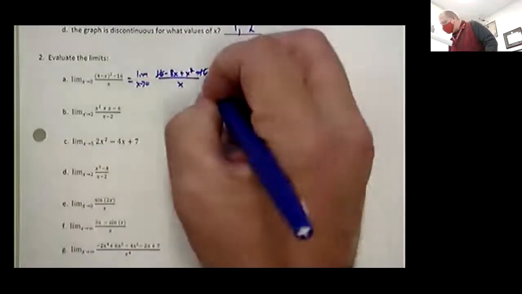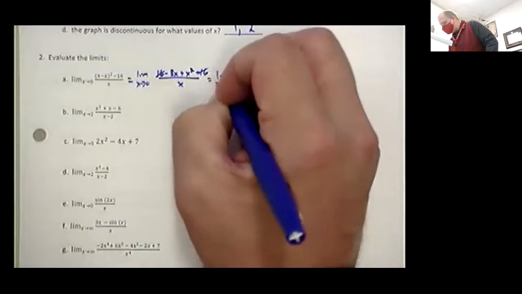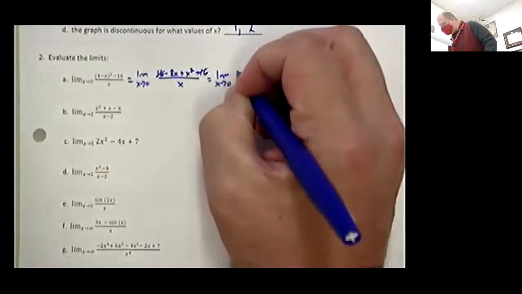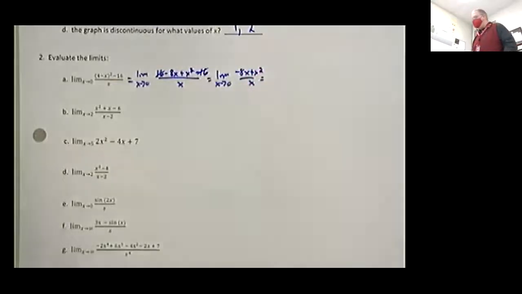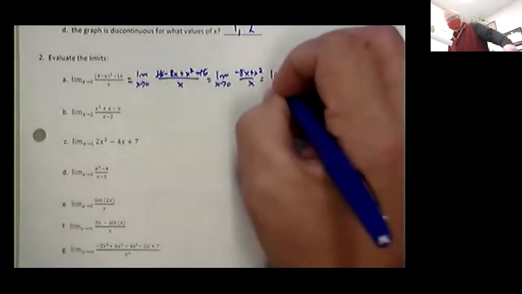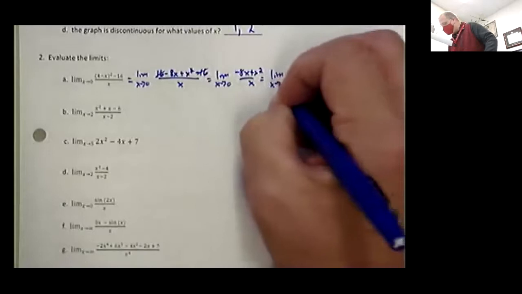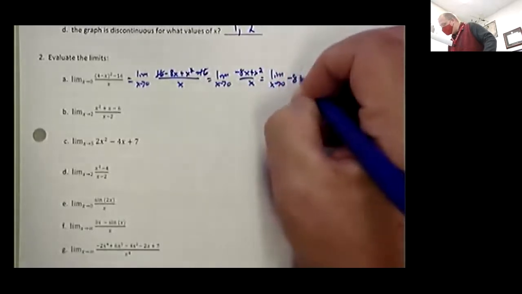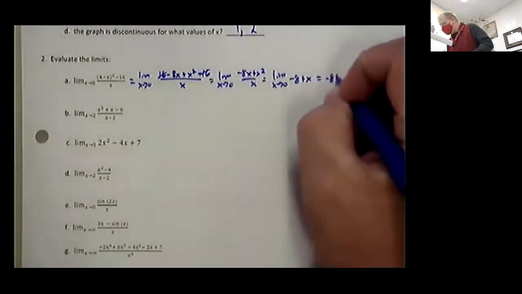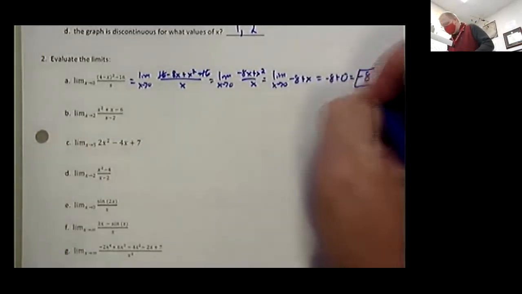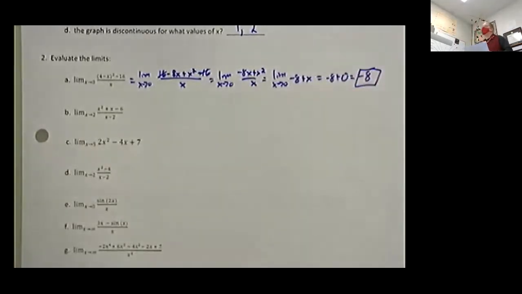That means the 16s will cancel. That leaves us with the limit as x goes to 0 of negative 8x plus x squared over x. Now we can divide by x to get the limit as x goes to 0 of negative 8 plus x. Now we can plug in the number. So now we're dropping the limit. This then is negative 8 plus 0, which is negative 8.